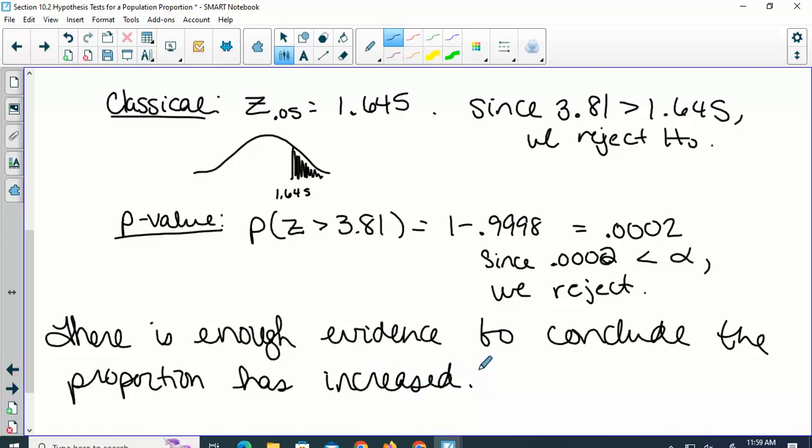And I'm saying increased because my alternative hypothesis was that it increased. Questions on that one?